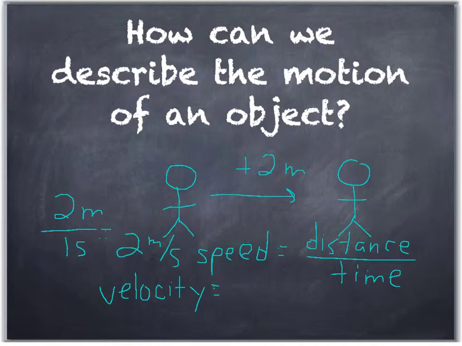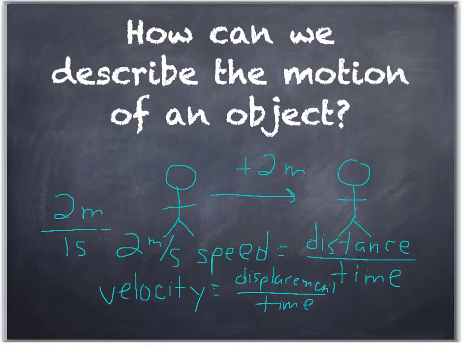Even though in everyday language we usually say speed and velocity interchangeably, velocity is actually the displacement over time. Displacement over time. And displacement is the change in position. So in this particular case, it was positive 2 meters over 1 second.